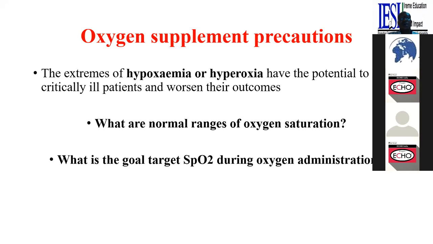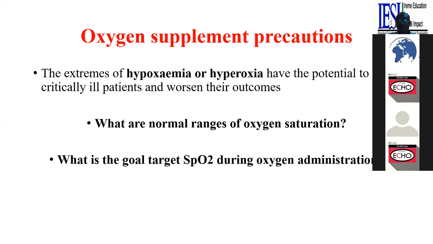So on this level, they need supplemental oxygen. So we saw before in the team 1, we have said that the normal range of our oxygen saturation is between 90 to 94%.